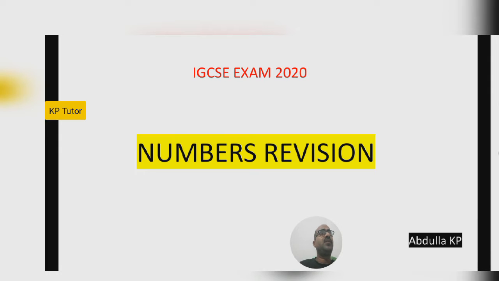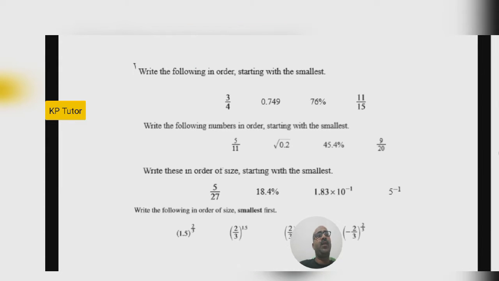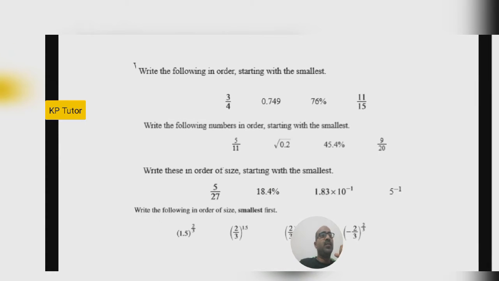So let's check some questions. These are some questions I just collected from past papers, some from core and some from extended. Both I included. Write the following in order starting with the smallest.